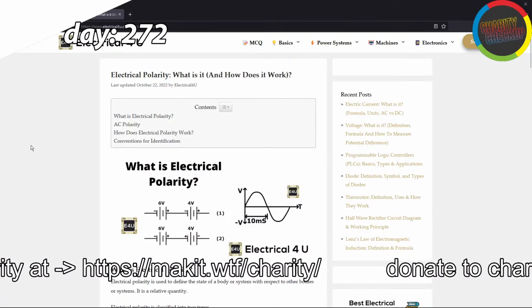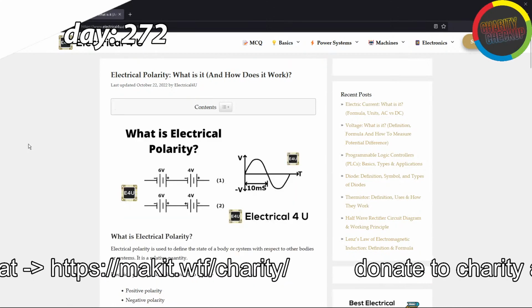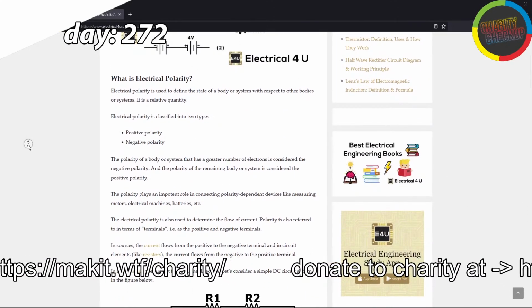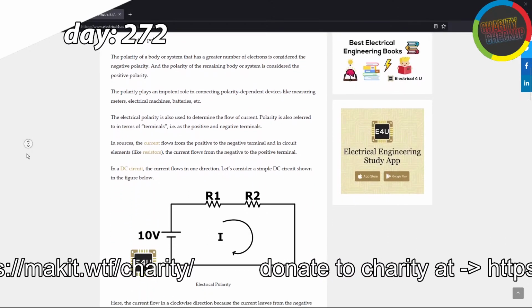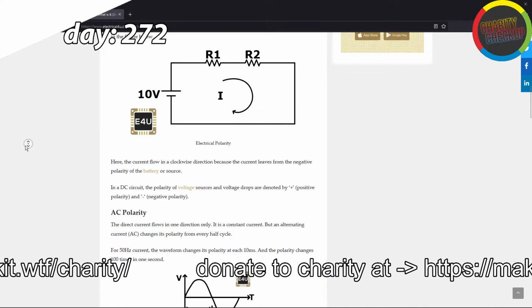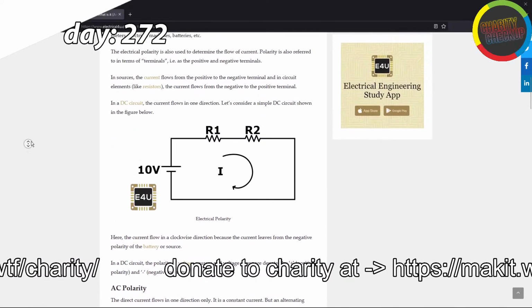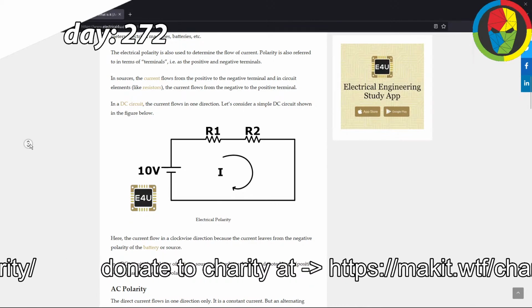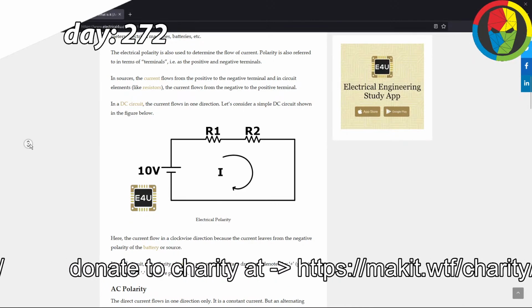Yeah, fine. My cookies spy on me. See if I can classify to that positive and negative. Yeah, I get it that far. So only current can have polarity, right? Current flows in one direction.